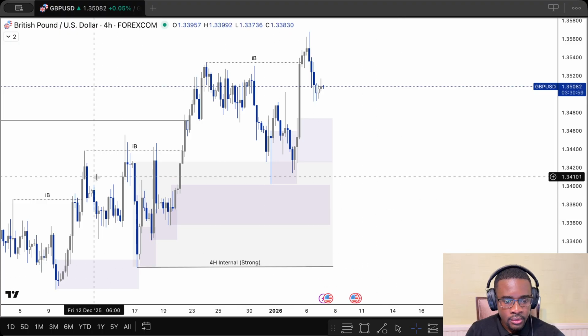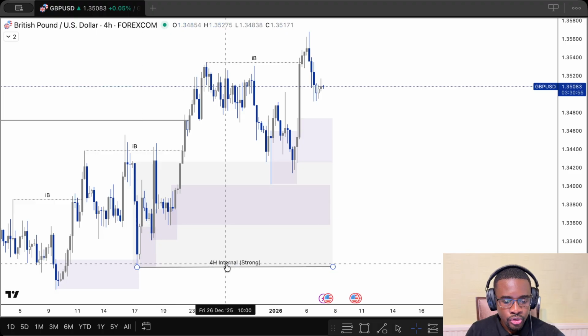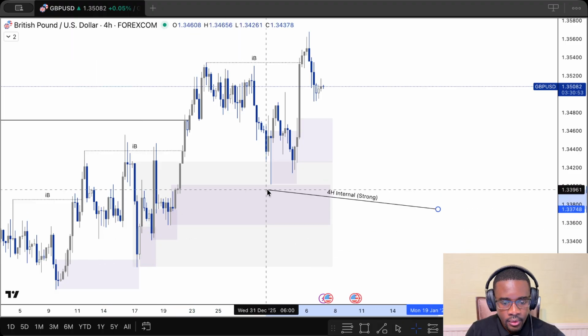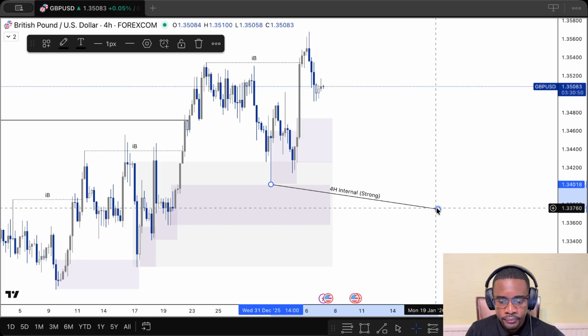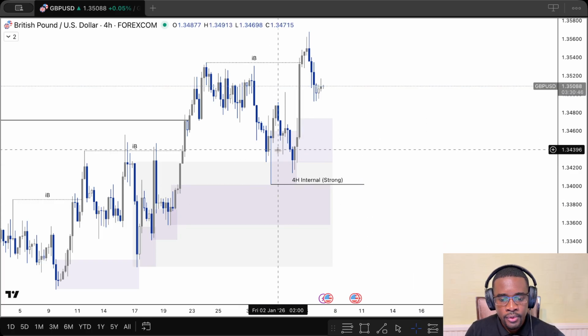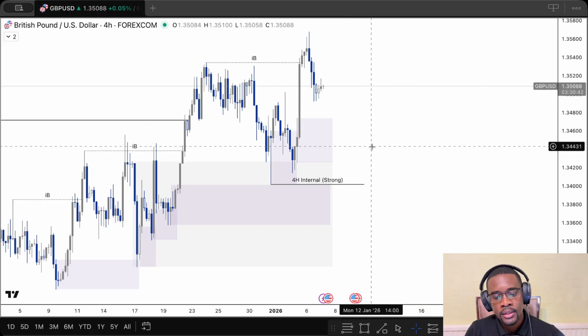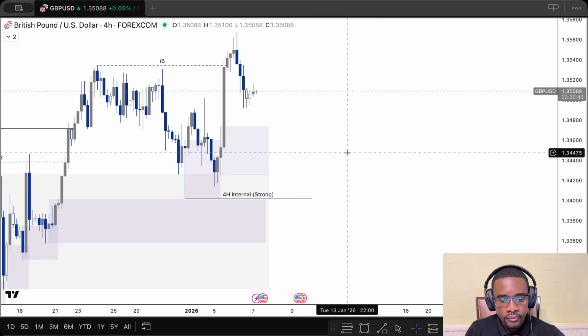So that means my new range is this one. So extreme has been mitigated, so we're only waiting for this to be mitigated.